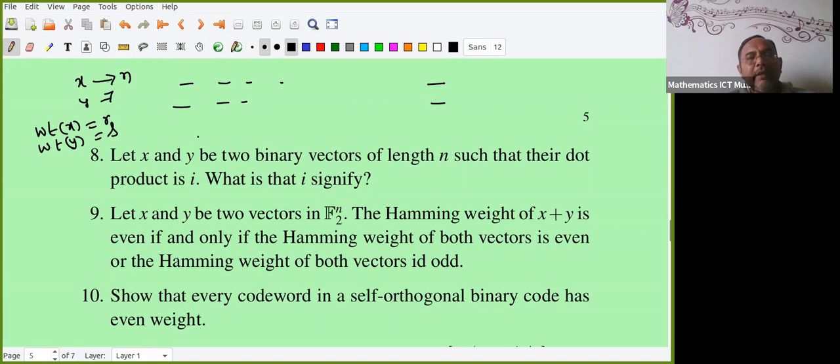Now what is the weight of x plus y? My goal is to find the weight of x plus y. Is the question clear? I'll repeat again.